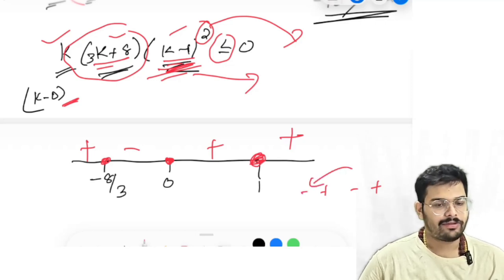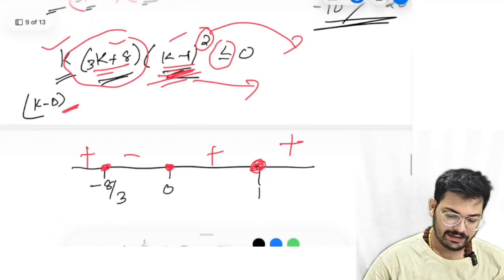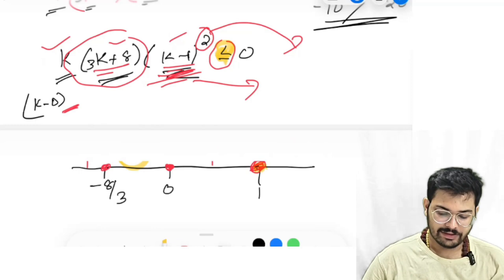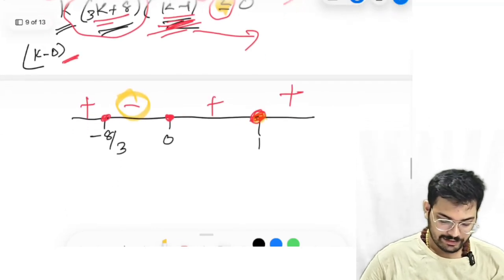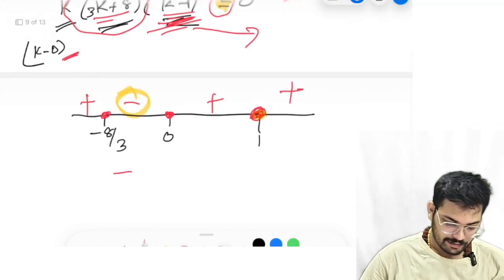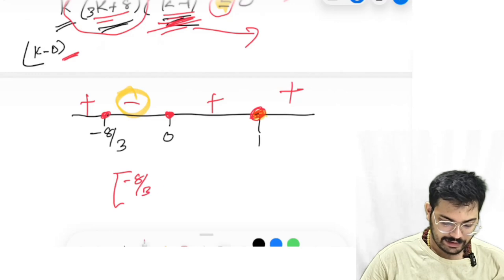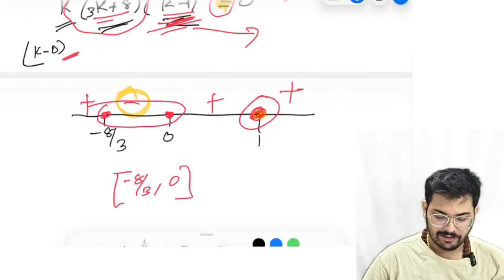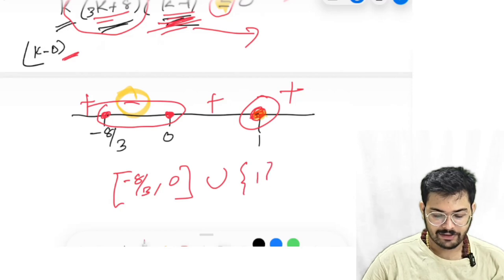That's how odd power works. Now we need to take the region which is less than 0, right? That means we need the negative sign. Since it is equal to 0, this point is also taken. That means our value will be from closed minus 8 by 3 to closed 0, that is this interval including the 0, and this 1 will be there, union set 1.